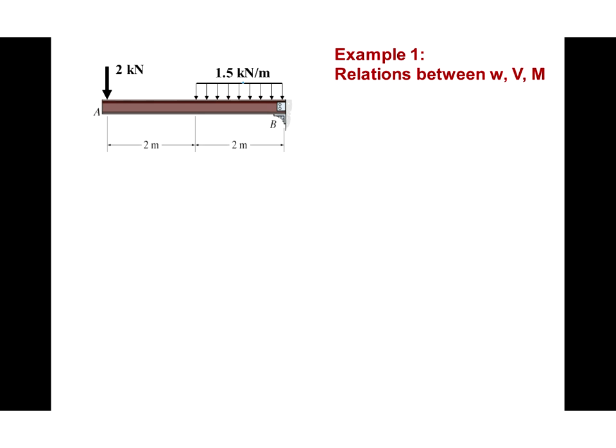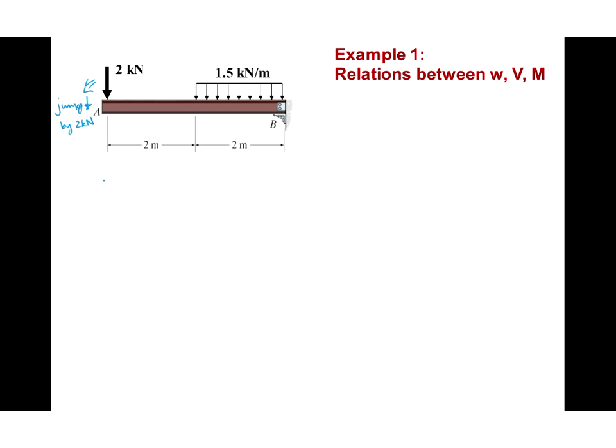Now, we see, first of all, based on what we learned previously, that over at point A, we're going to start out on the end of the beam with no shear force, but then it's going to jump downward by 2 kilonewtons. And so essentially we're going to go from 0 to -2 right at the beginning when we hit this point load.